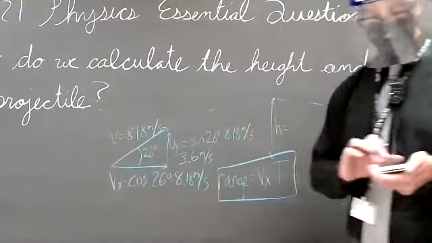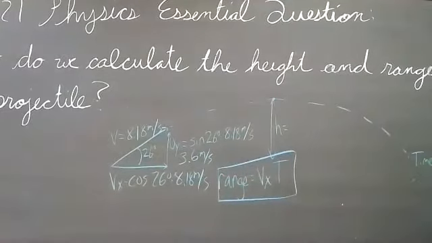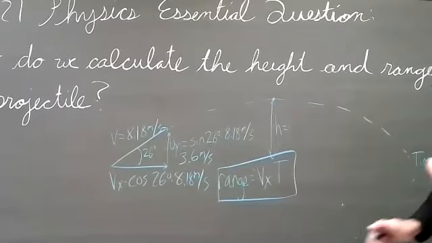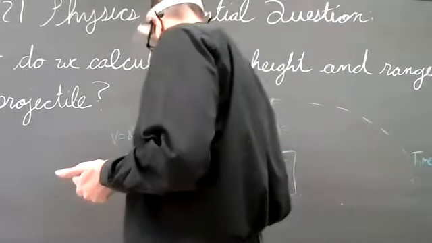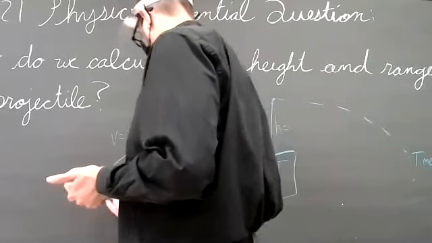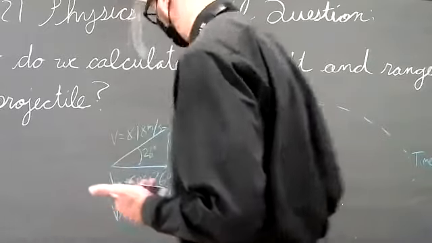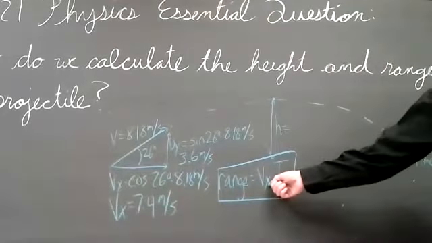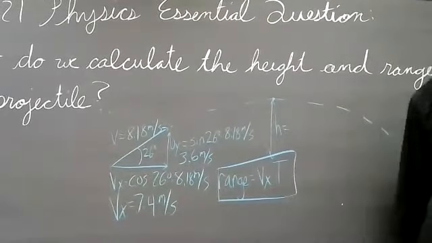So the x component is going to be cosine of 26 times 8.18 to give us 7.4 meters per second. That's the x component of velocity. So that will substitute in here once we calculate what the time airborne is.